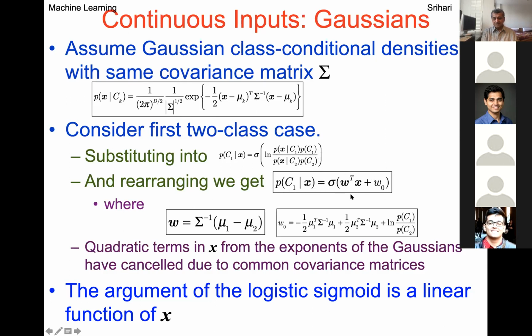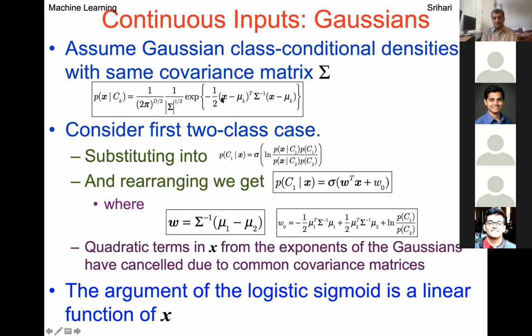That looks like logistic regression, except in this case, w consists of this quantity, sigma inverse (mu_1 minus mu_2). w_0 consists of this quantity, which involves the means of the two classes and the covariance matrix. Same covariance; we're assuming that the spread of the two distributions is the same.